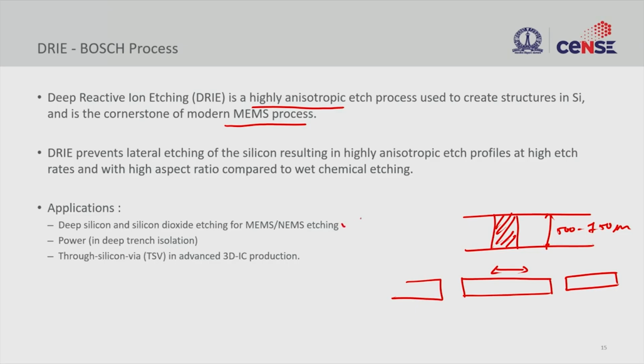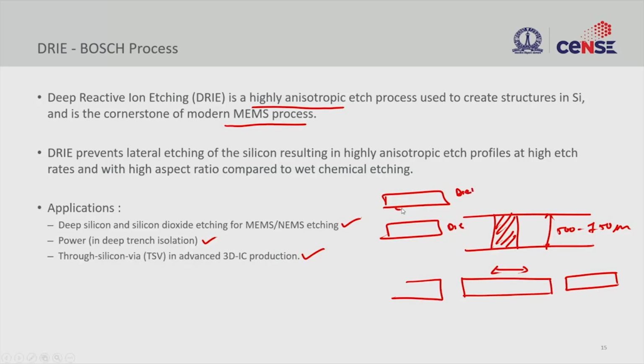As I mentioned, we use this for MEMS application, right, and also for a lot of these power devices where you remove the silicon substrates to have good contact with the device for effective heat generation, and then you have through silicon vias, right, to connect two different dies. For instance, I have one die, this is die 1 and then this is die 2.